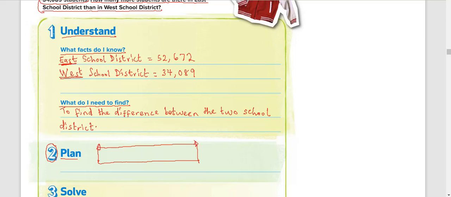So we have the East School District as 52,672, which is more than the West School District. So for the West School District, let's say we have the whole of this part, which is 34,089. So the difference, which is this remaining part, is what we are looking for. So I can put my question mark.